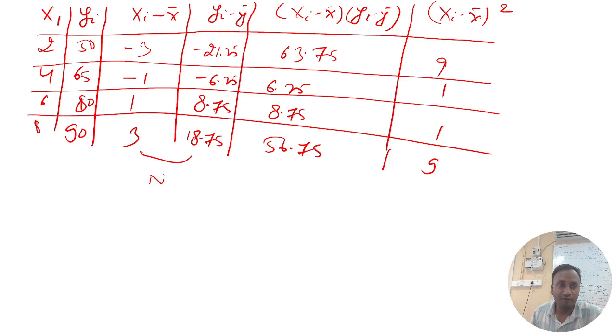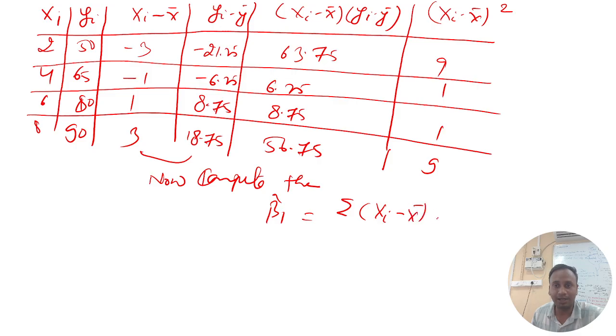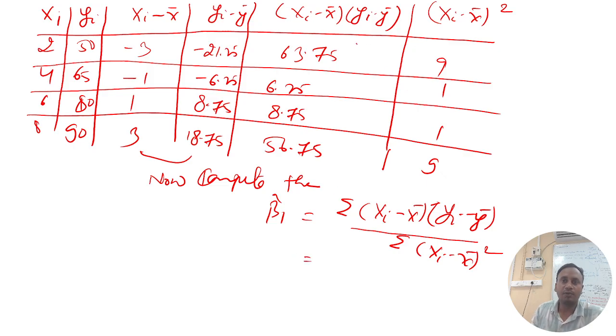So now we have to compute beta 1. The formula we all know: summation of xi minus x bar times yi minus y bar, upon summation of xi minus x bar whole square. Is it correct? So now we have to sum this one and this one.